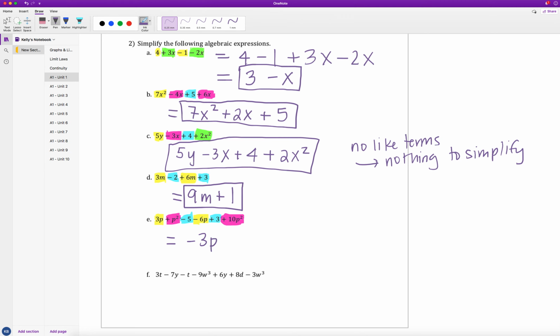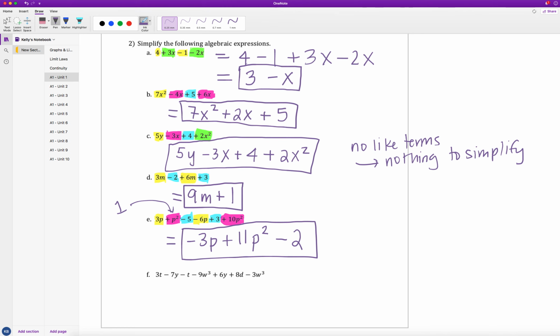For our p squareds, remember there's our invisible 1 in front, so I have 1p squared plus 10p squared, so I'm going to end up with 11 of them, so 11p squareds. And then for our constant, negative 5 plus 3 will give me negative 2 of them. And since none of those are like terms, I am done simplifying.